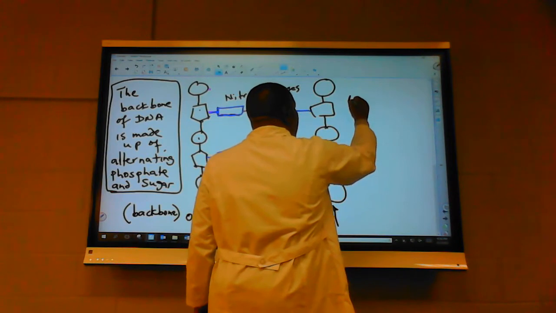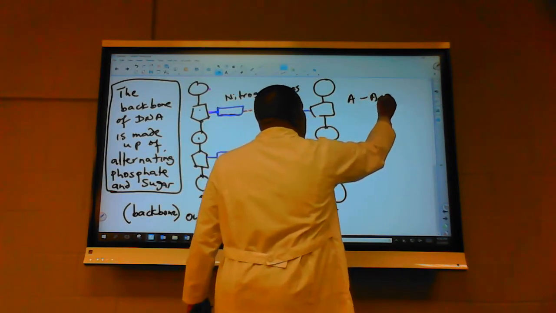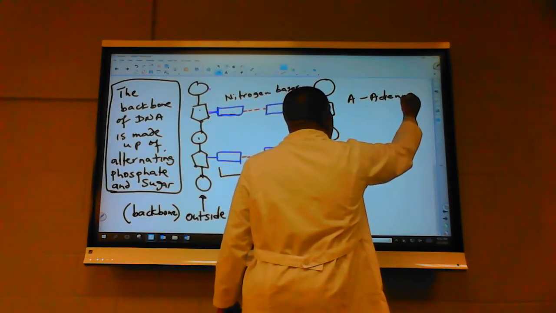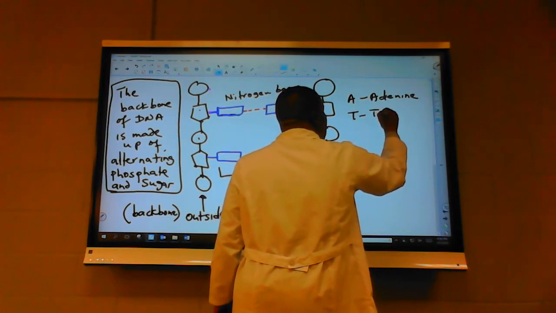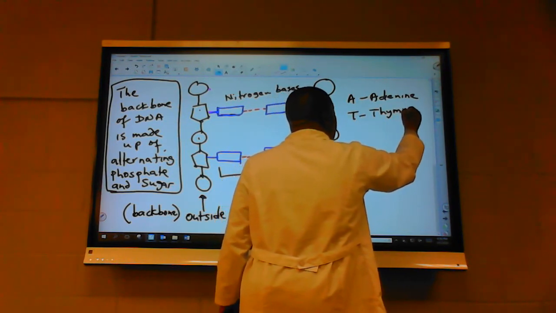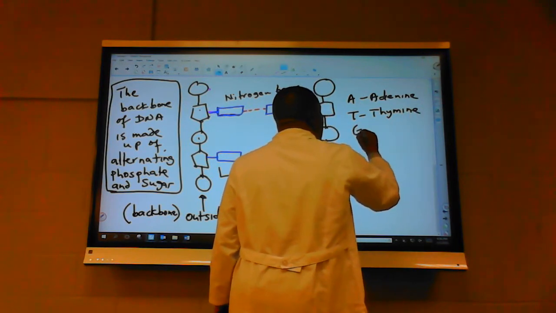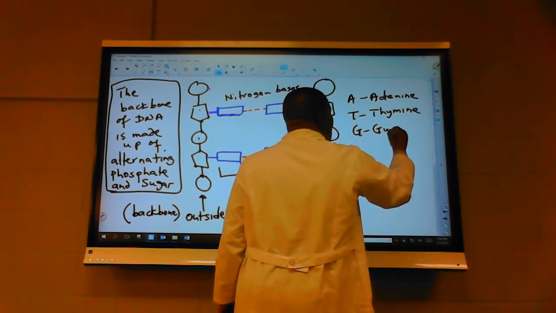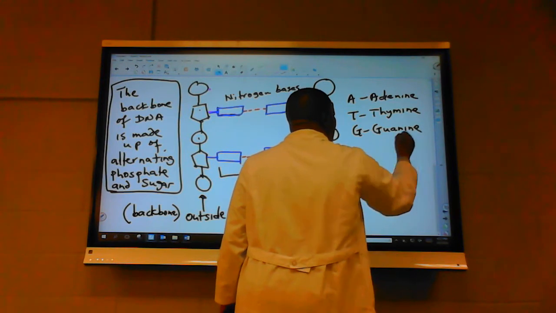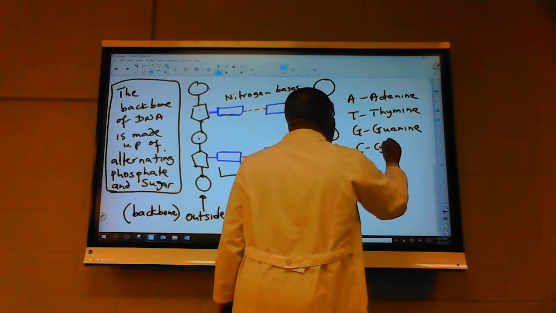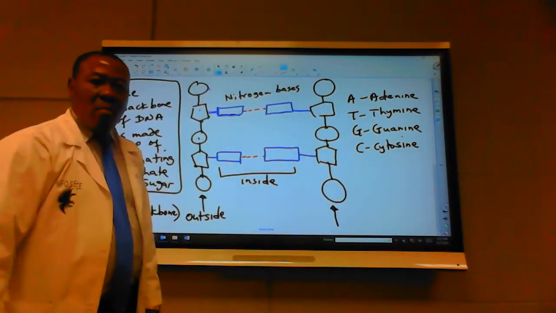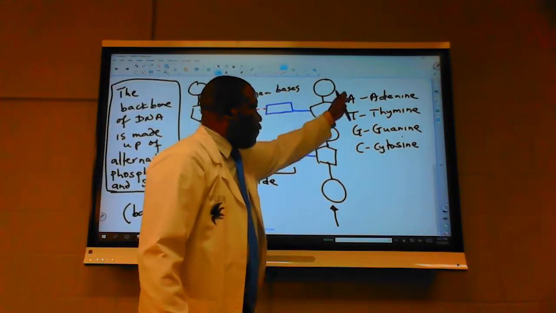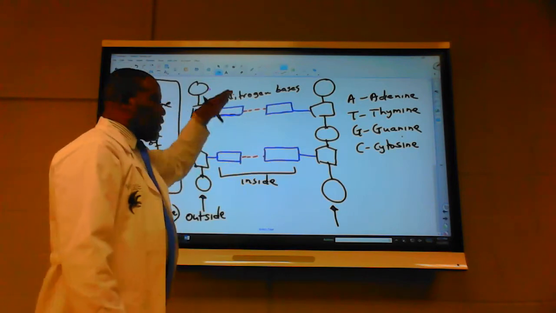The A stands for adenine. The T stands for thymine. The G stands for guanine. The C stands for cytosine. So these are the 4 bases found in the DNA molecule.